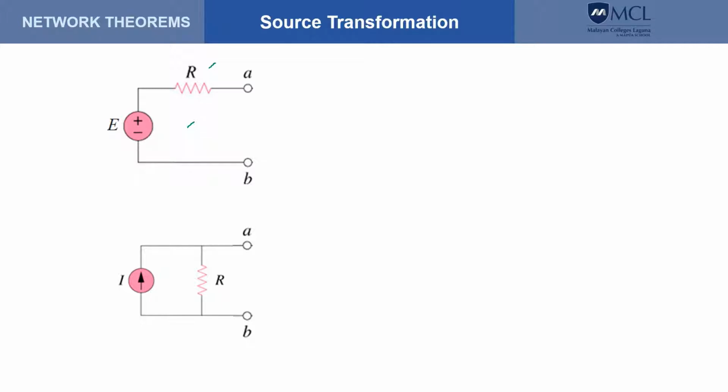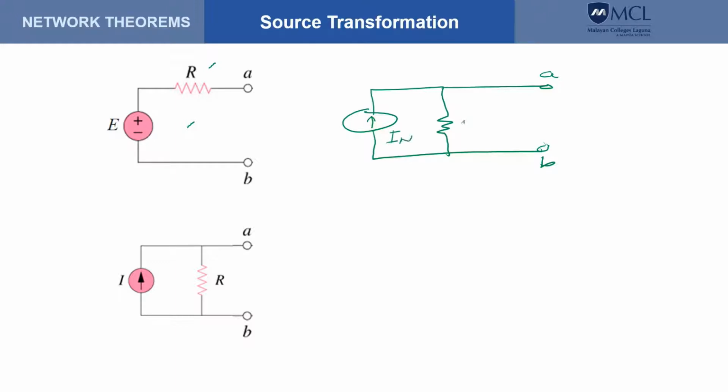That means I need a current source that is in parallel with a resistance. So this one is I sub n, and this one is R sub n.